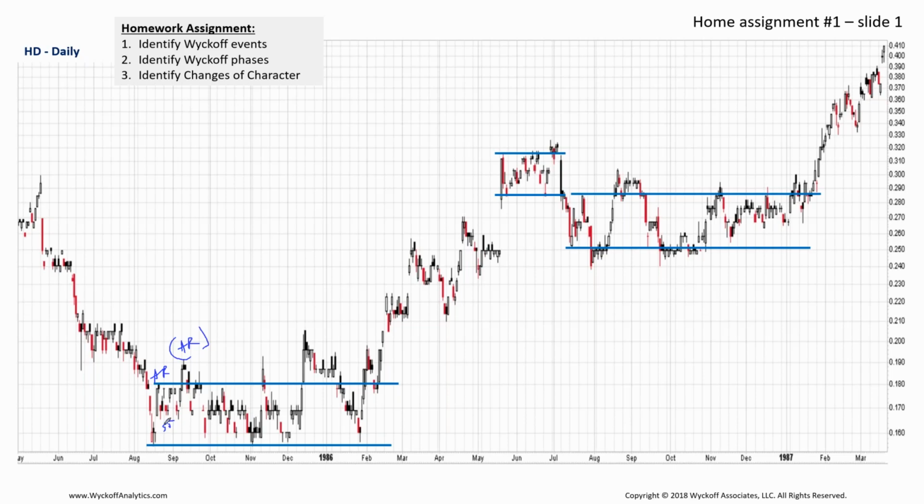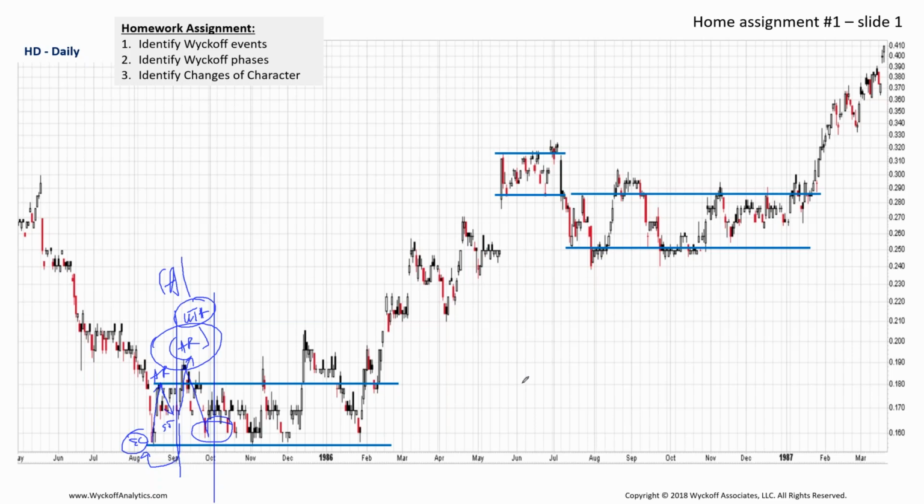Because we have more of this rally and this secondary test that is more of the function of the selling climax itself, and then just a continuation of this rally to the upside. I could label this as an upthrust action right here in phase B, but you could also label this as a much larger automatic rally, and then your secondary test is going to be somewhere here in this area, and this could be your phase A.